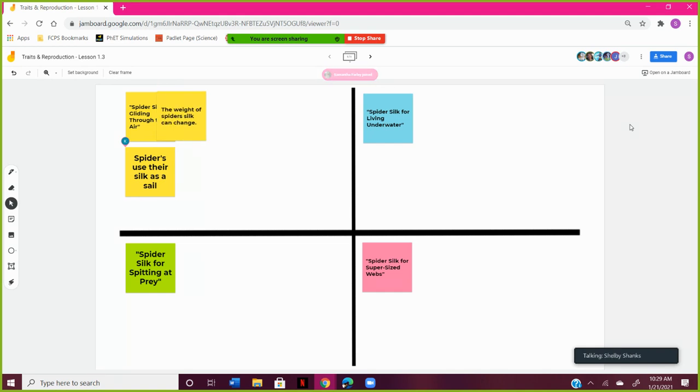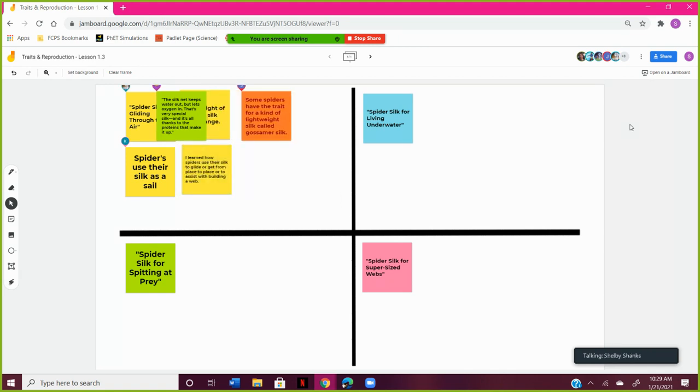All right, so just make sure that you are adding it to the correct article. That article is named on those sticky notes, okay? So hopefully you guys didn't read the same article. I gave you a choice, so whichever one that you read.